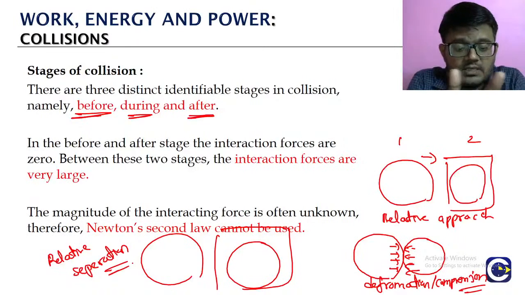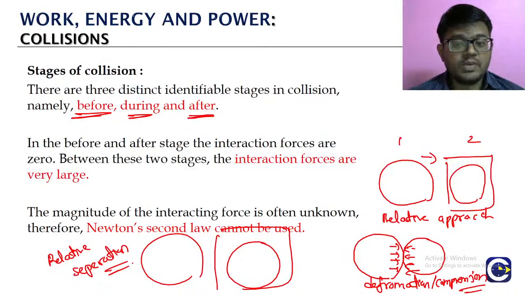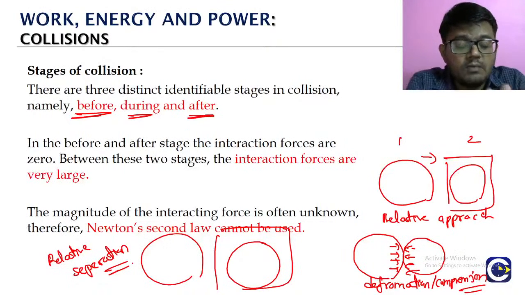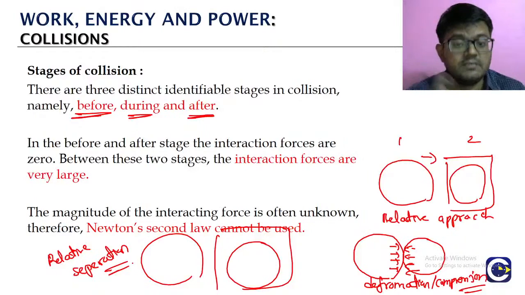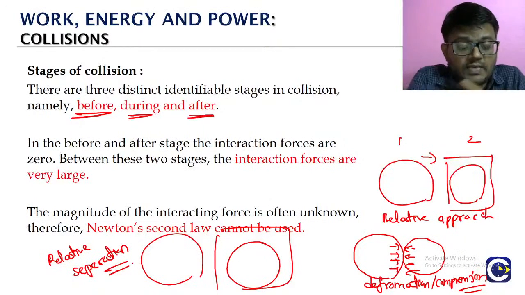During the collision, objects are getting deformed or compressed. Sometimes it may be temporary, sometimes it may be permanent. If it is able to completely come back to the original shape and structure, we look at it as an elastic phenomenon. We will discuss that later. But the third stage is after the collision, when the objects are able to recede and move away.